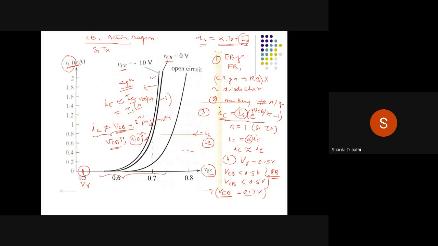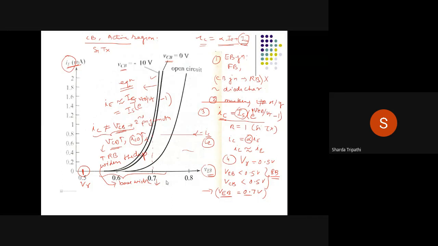That means increasing VCB is actually increasing the reverse biasing across the second PN junction. If reverse bias increases, what happens? This is going to widen the depletion layer. If the depletion layer widens, that means the base width further reduces.